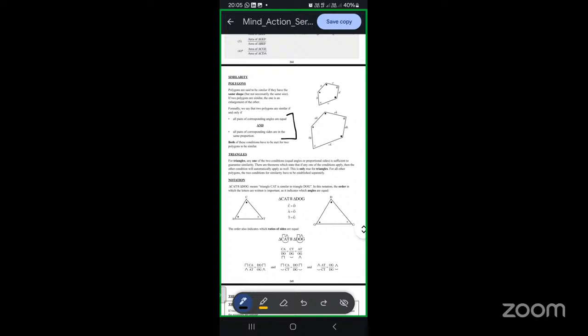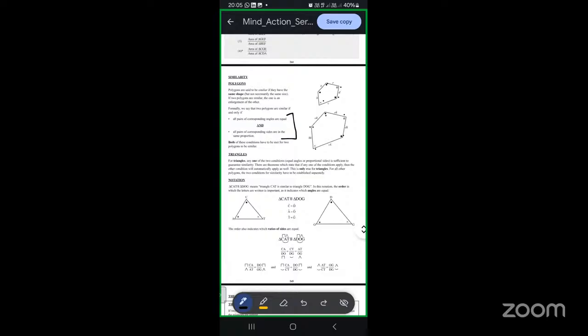Let's see what these conditions are saying to us. If all pairs of corresponding angles are equal, and we can see here the marked angles, dot, dot, star, star, O, O, square, square, X, X, then you can say those are similar. Then let's go for the other condition.